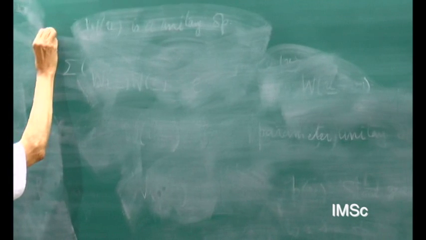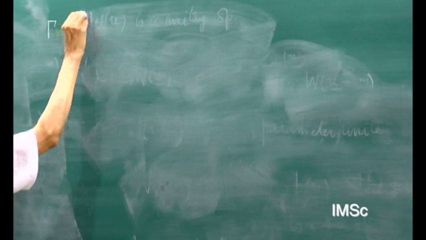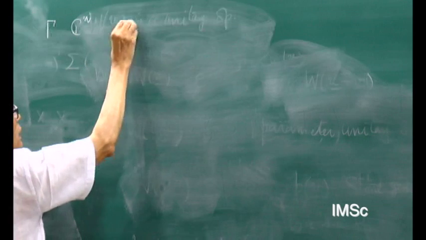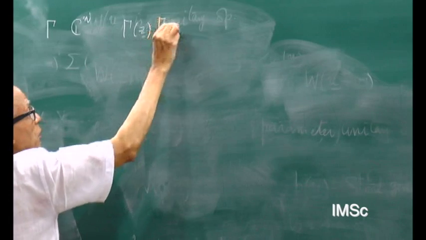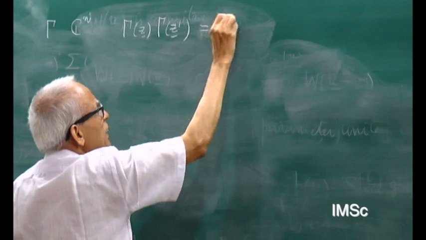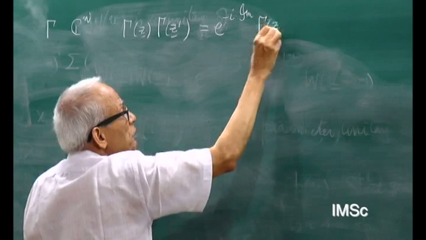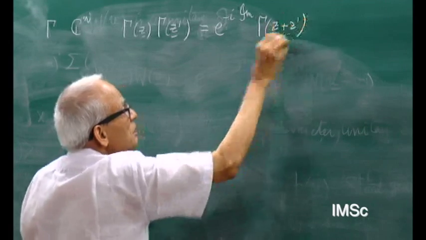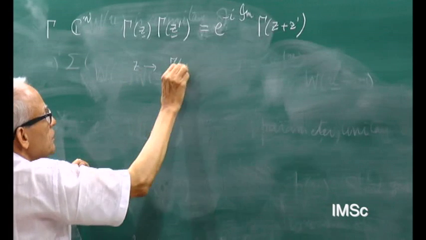Going back to the Weyl representation, you consider a general representation gamma for Cn obeying gamma z gamma z prime equal to e to the minus i imaginary part of the scalar product gamma z plus z prime, and z to gamma z strongly continuous.